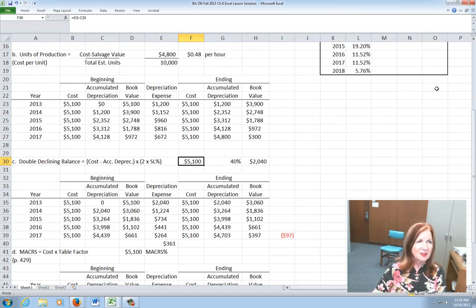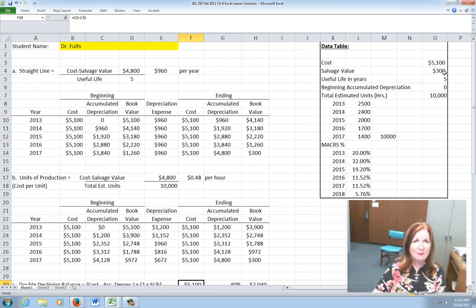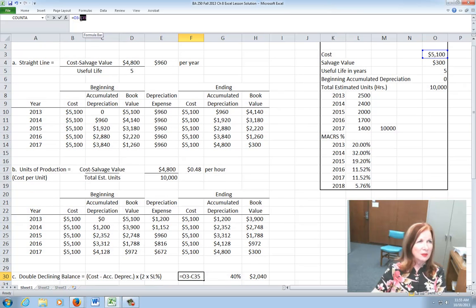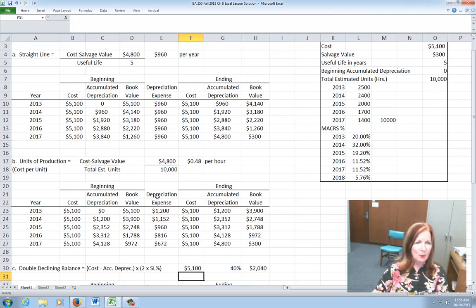So this formula right here is going to be equal to cost minus beginning accumulated depreciation right there, 06, and we're going to enter, and we're going to get $5,100. Cost minus beginning accumulated depreciation is equal to $5,100.